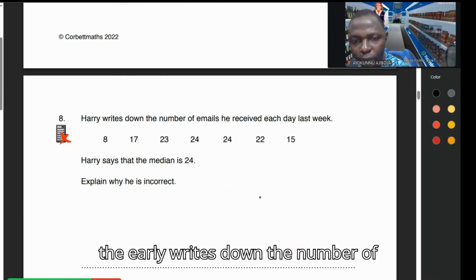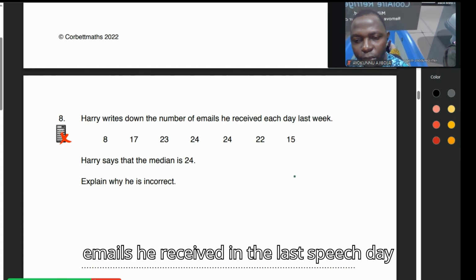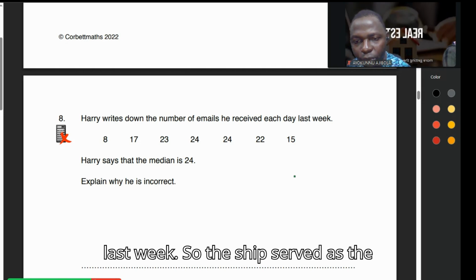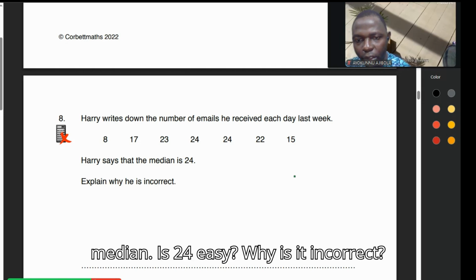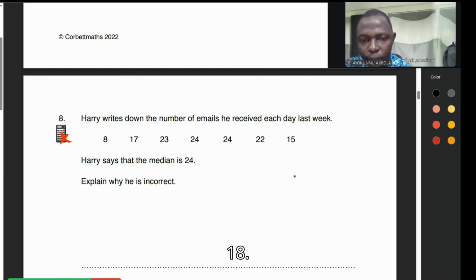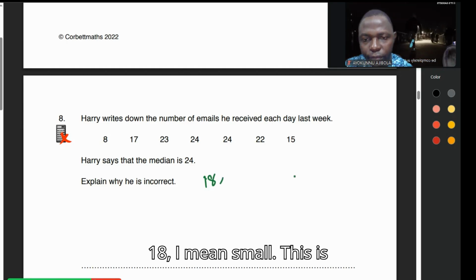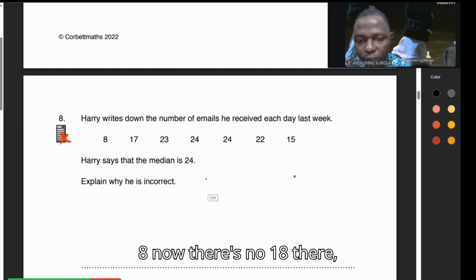Harry writes down the number of emails he received each day last week. So there should be seven. Harry says the median is 24. Why is he incorrect? Okay, let's rearrange it. The smallest is 8, not 18. There's no 18 there.